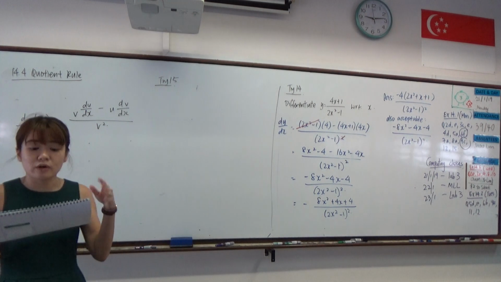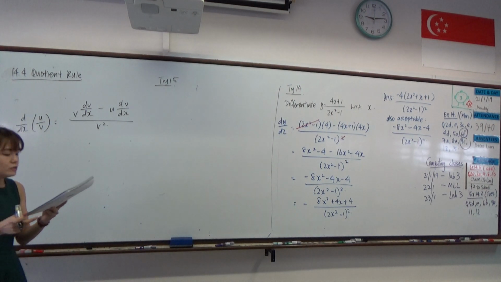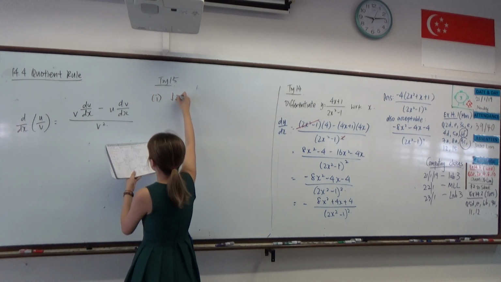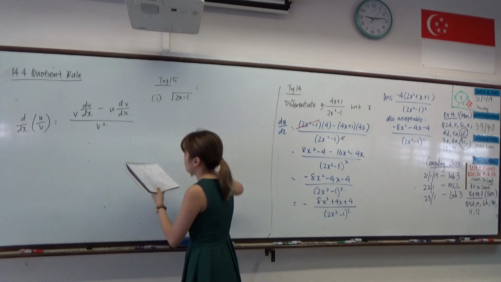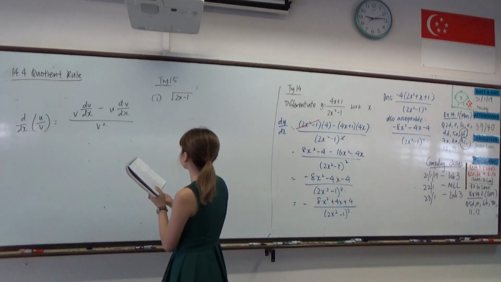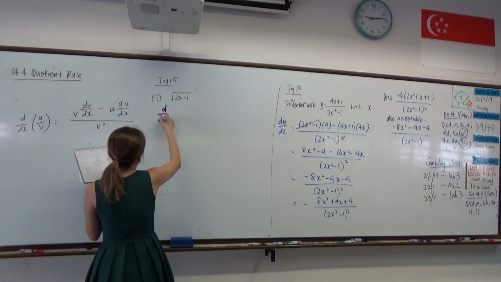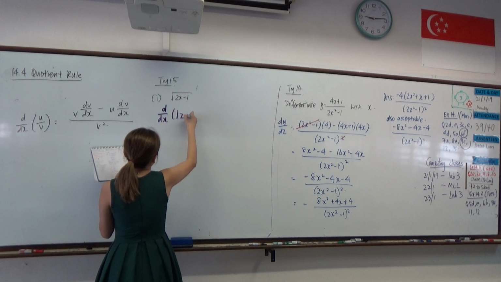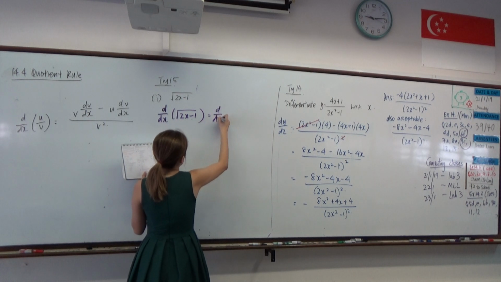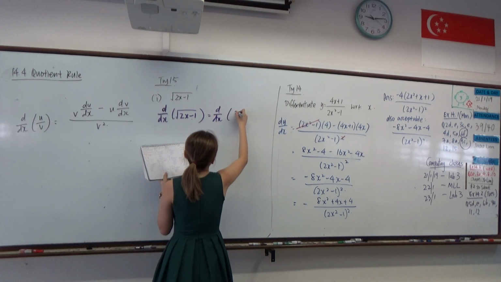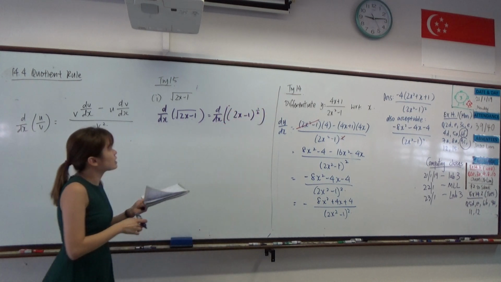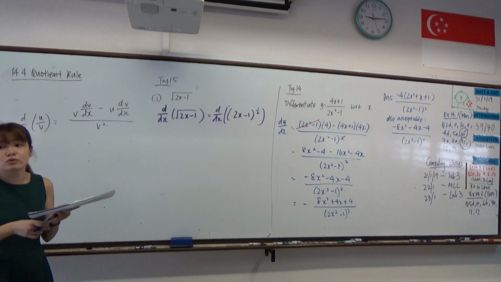Right, they have scaffolded in some ways for you. Okay, so in part 1 they ask you to differentiate square root 2x minus 1 with respect to x. So in order to differentiate this, square root 2x minus 1 is actually 2x minus 1 to the power of half.